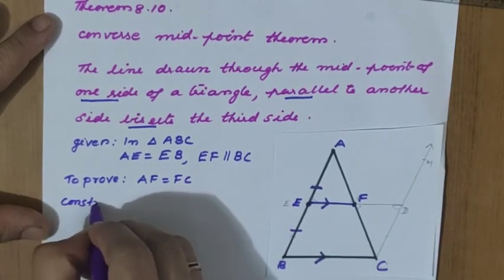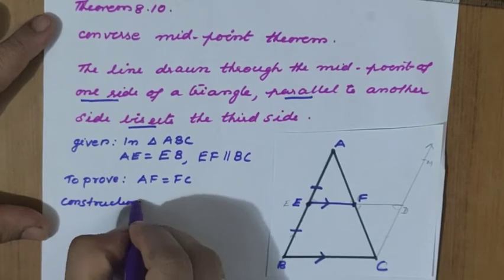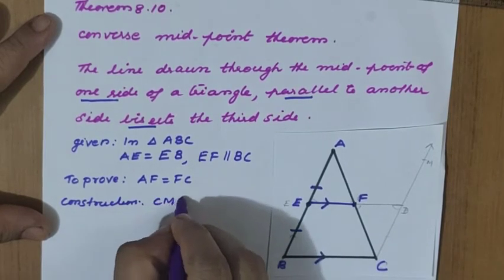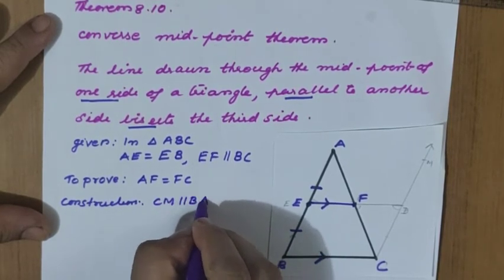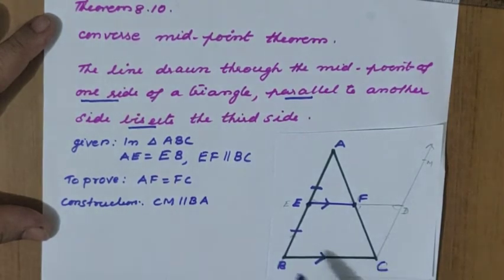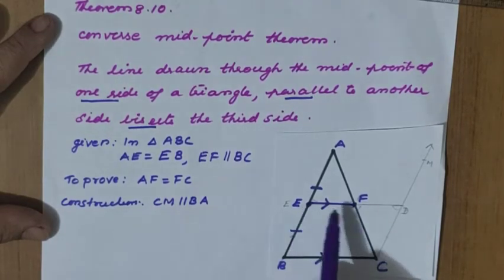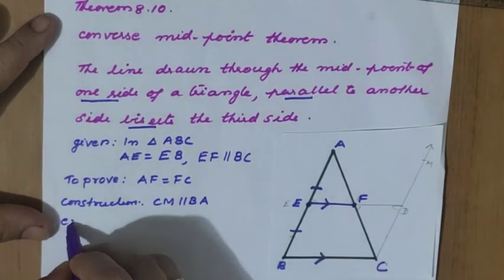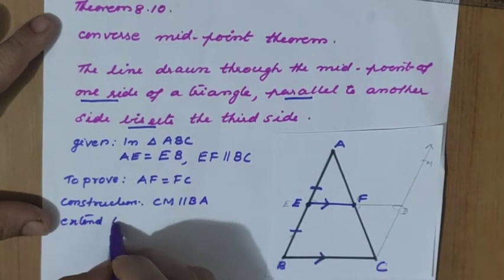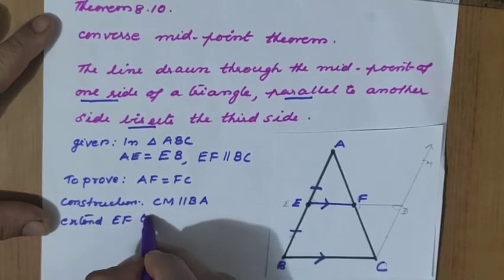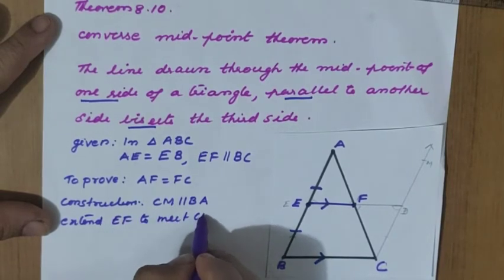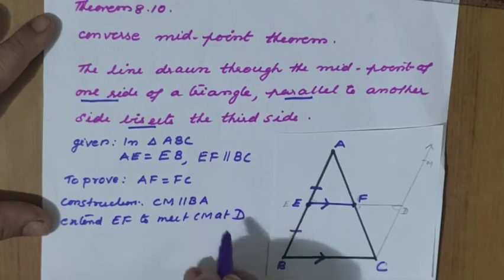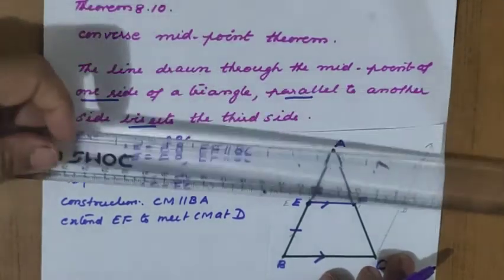Construction. CM parallel to BA. Next, extend EF to meet CM at D. So I'll complete this line.